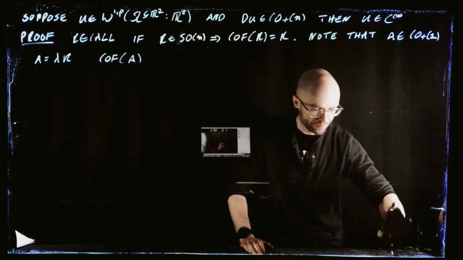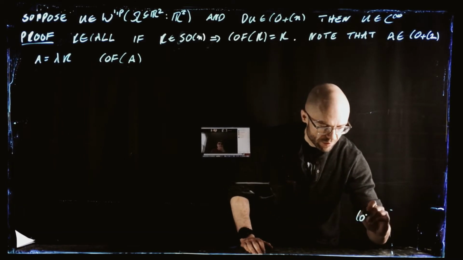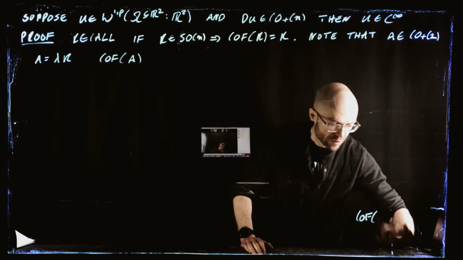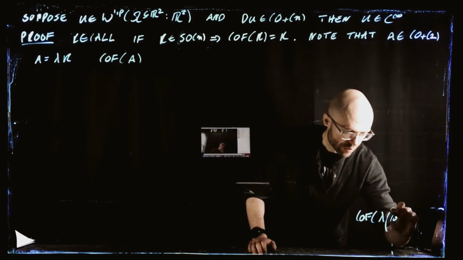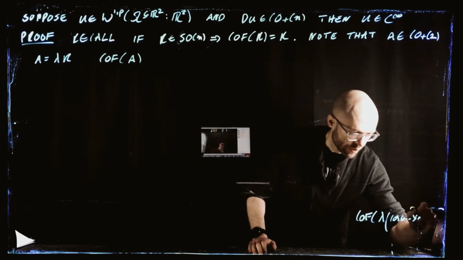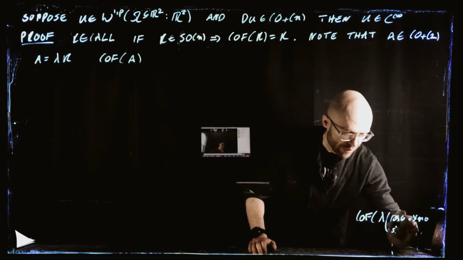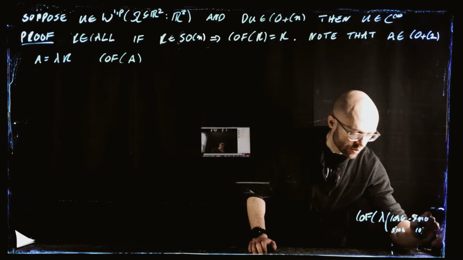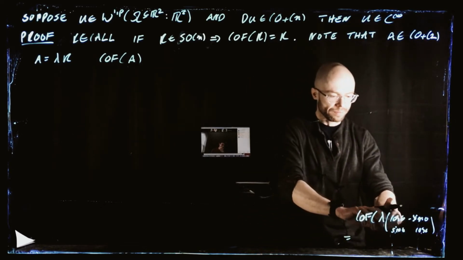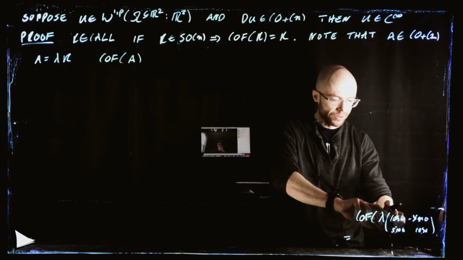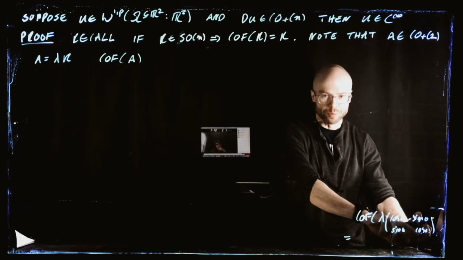So the cofactor matrix of lambda times this rotation, cos theta, minus sine theta, sine theta, cos theta, we get by deleting whatever entry and then taking the entry on the opposite side.